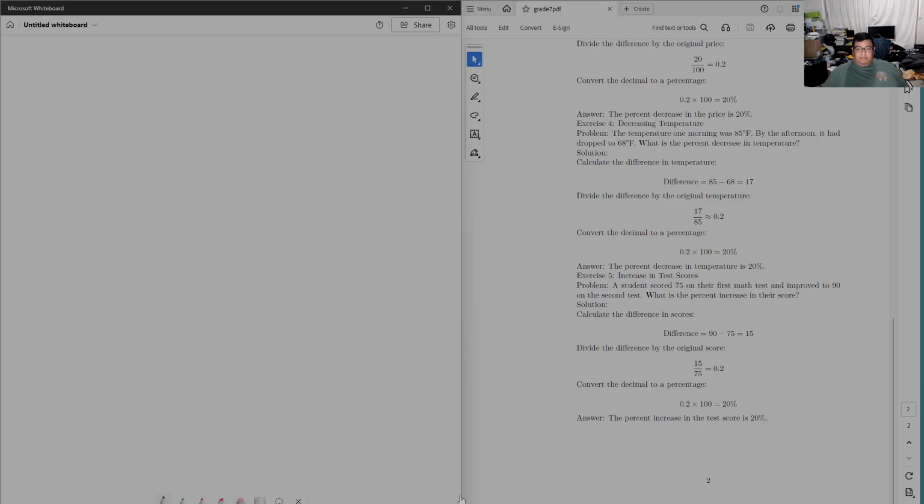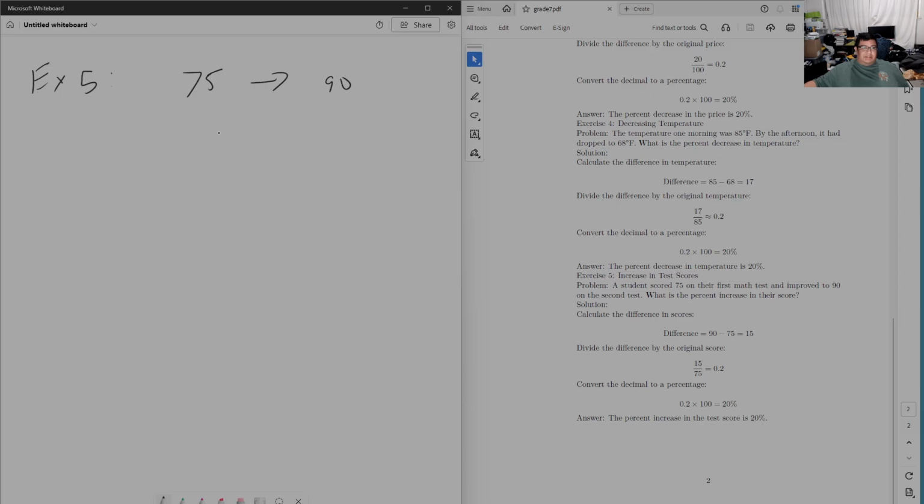Exercise number 5 says it's going to be about increasing test scores. It says a student scored 75 on their first math test and improved to 90 on the second test. What is the percent increase in their score? So we go from 75 to 90.